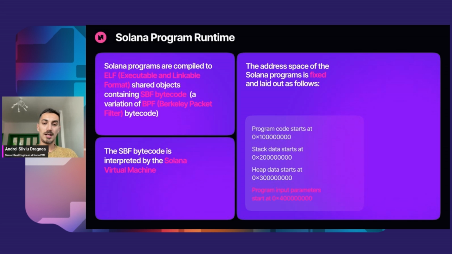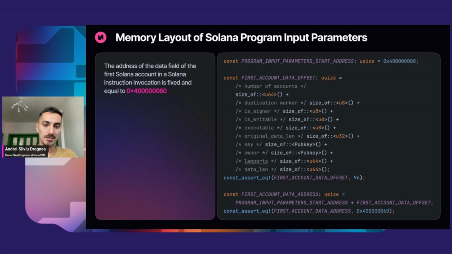We'll focus next on the program input parameters because we want to see how they are laid out in memory and if we find some invariance there. Here I highlighted some Rust code that shows the binary layout of program input parameters. As I said, a Solana program invocation has a list of accounts as input.